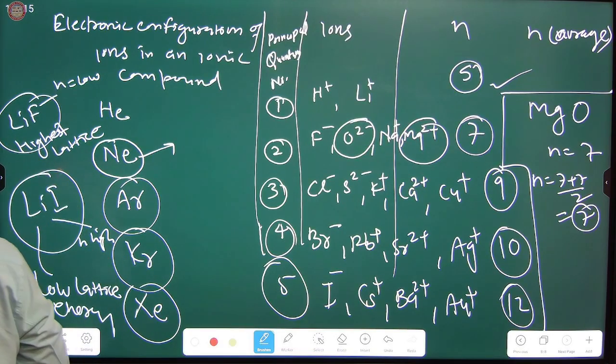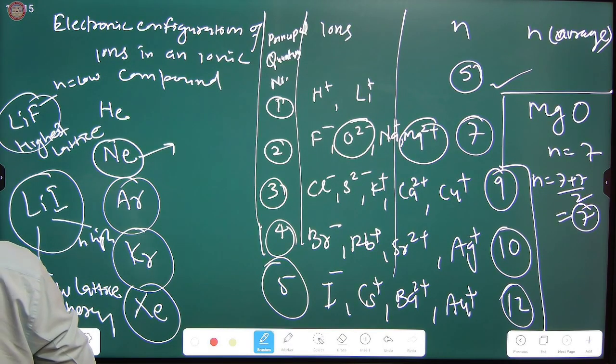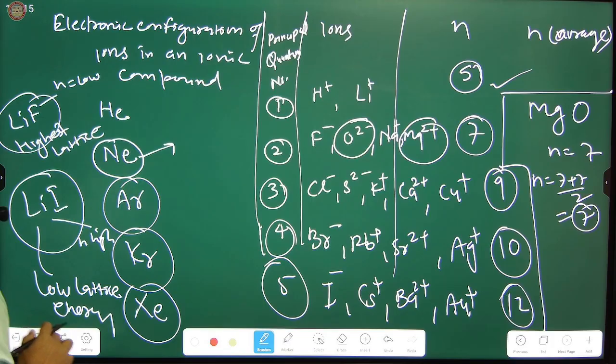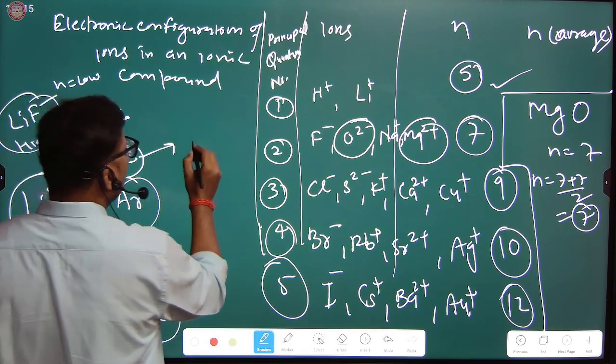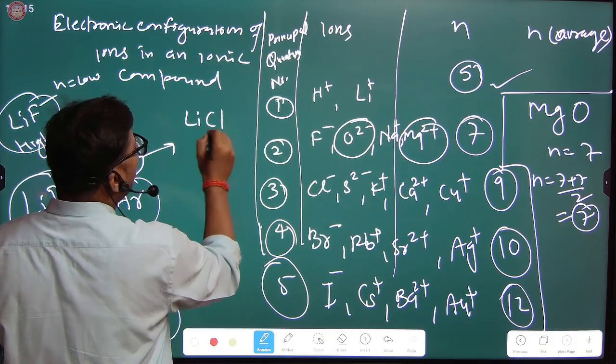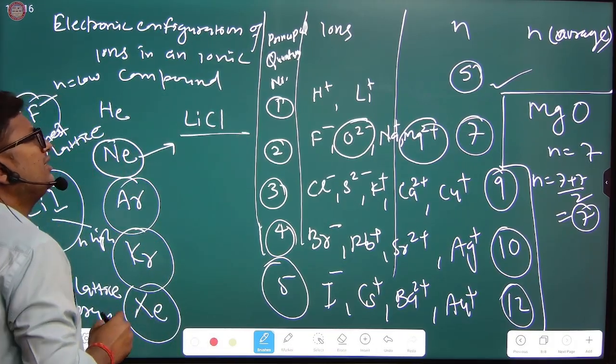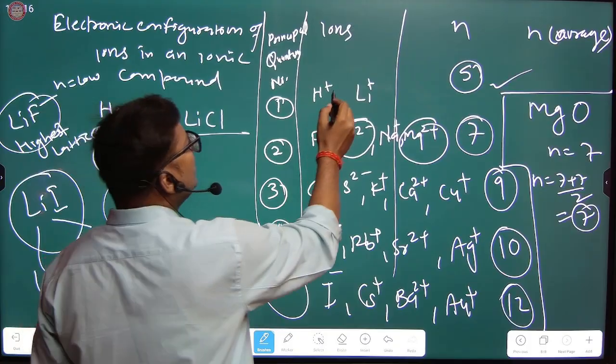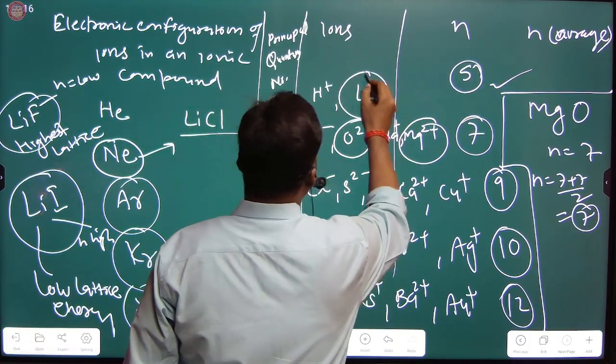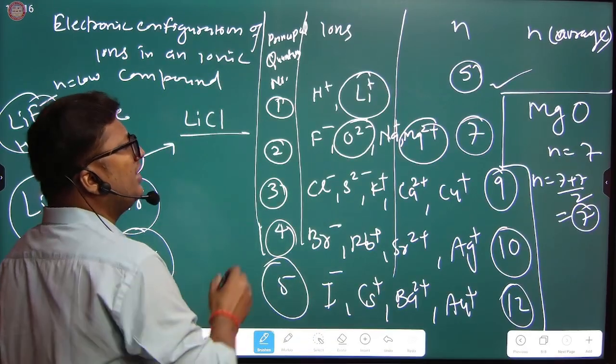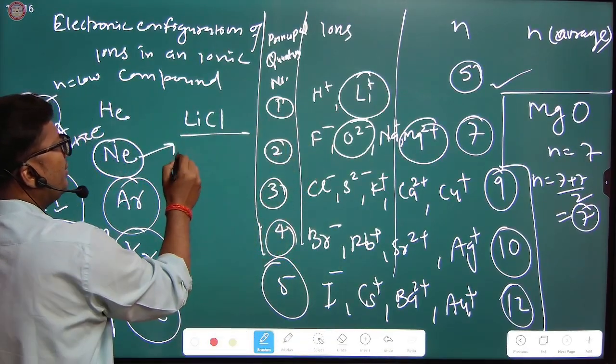And in the case of lithium chloride, lithium plus exists in the electronic configuration of helium, so it has a Born exponent of 5.